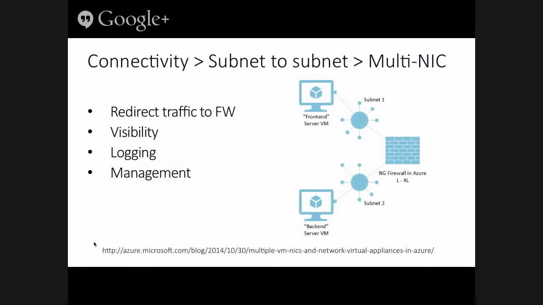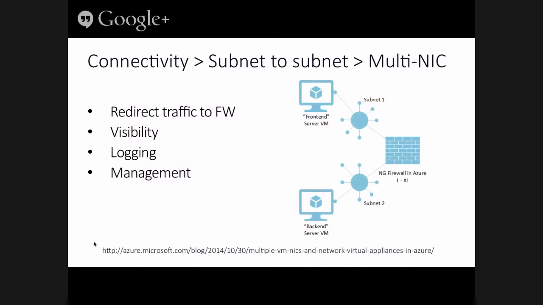What we can do is put a firewall with 2 NICs within the network, get traffic redirected through a client from this front-end VM to the NG firewall, and then get it over to the second NIC.